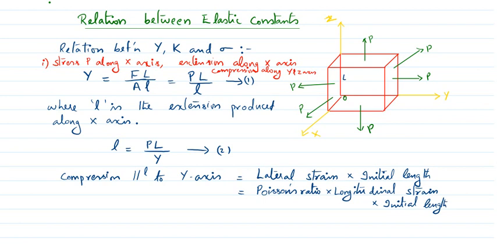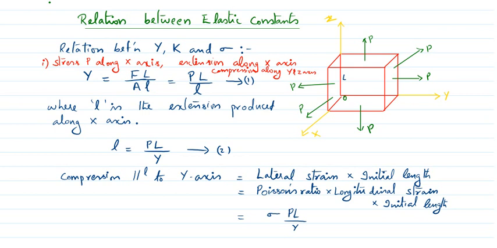We can write it as Poisson's ratio, denoted by the letter sigma, and longitudinal strain into initial length, we can write as PL divided by Y. This is the equation for compression parallel to y-axis.